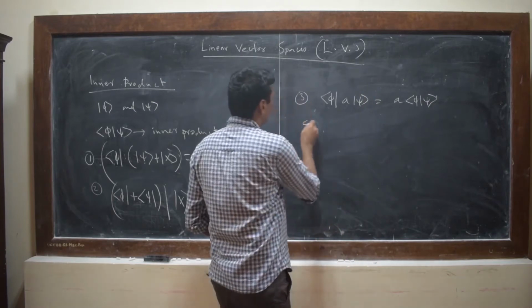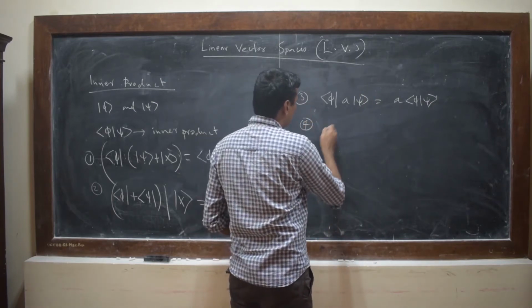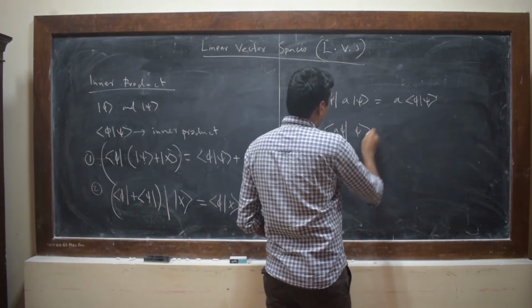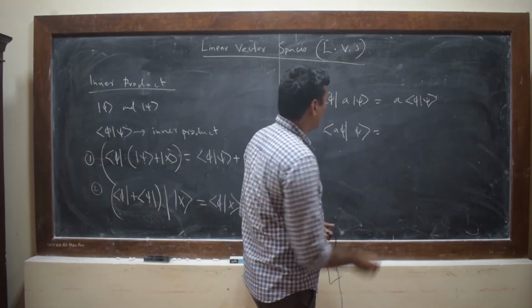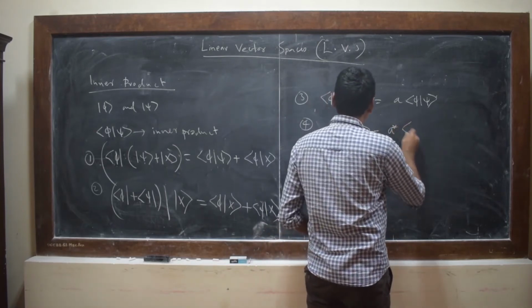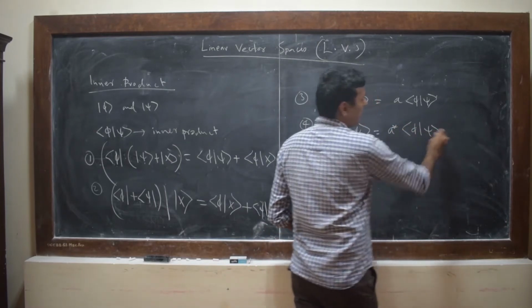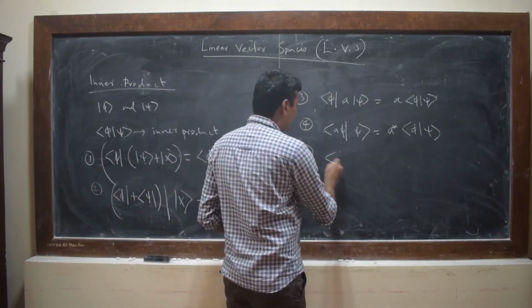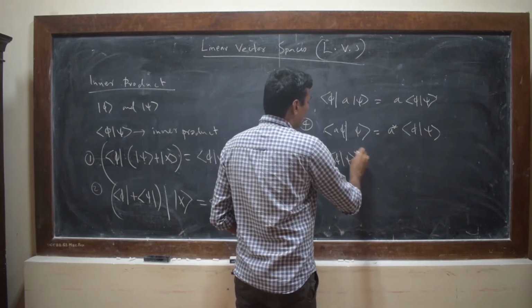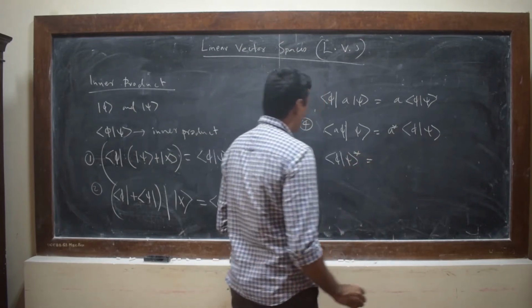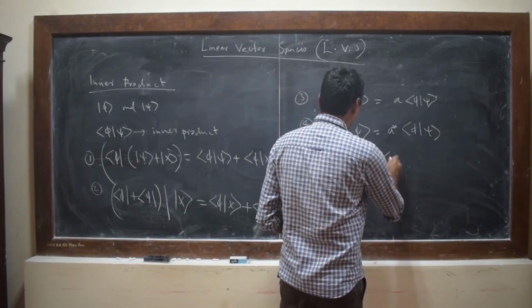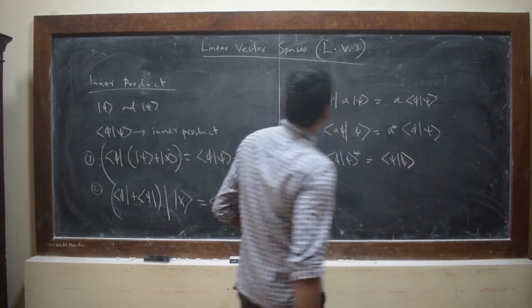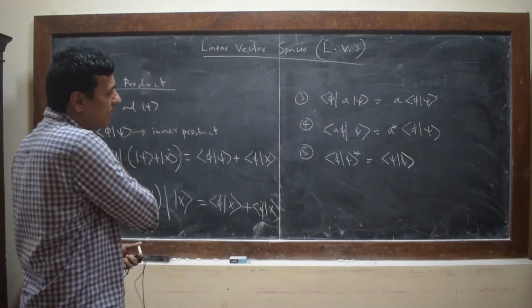Now suppose that you have a phi with psi, this is equal to a star times phi psi. And the last property is that phi psi star is equal to psi phi. So these are the properties of the inner product.